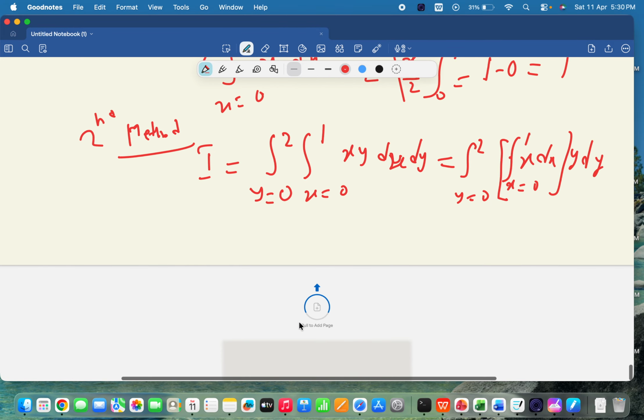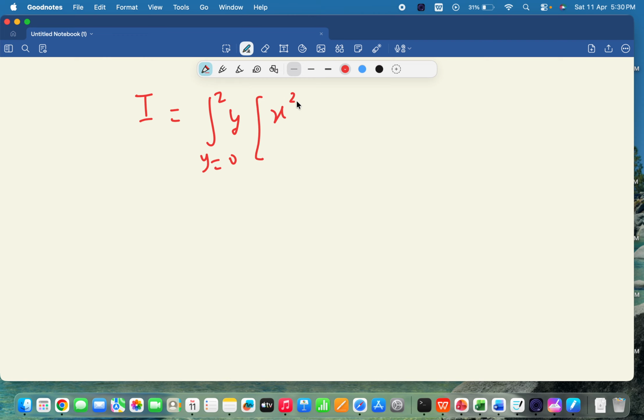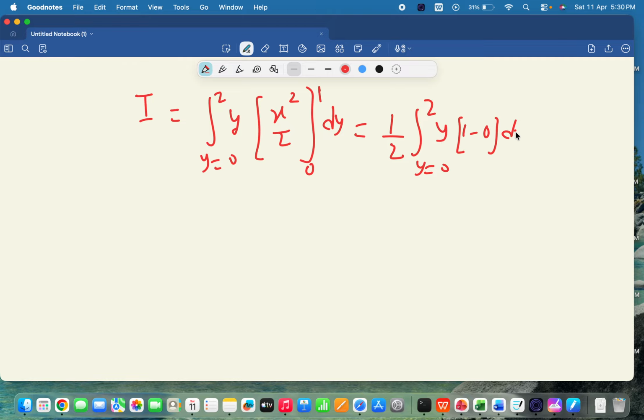Okay, so now this I is equal to the integral of y from 0 to 2, and then y is outside, and the integration of x is x square by 2 with limit 0 to 1, dy. So 1 by 2 we are taking outside because it's a constant, integral from 0 to 2 of y times 1 minus 0, dy.